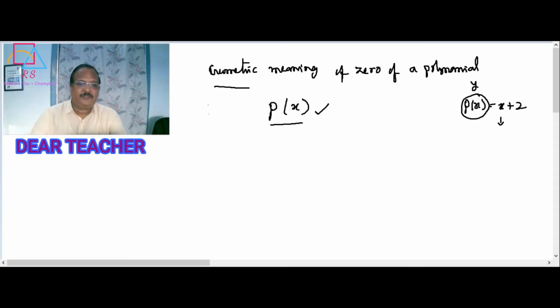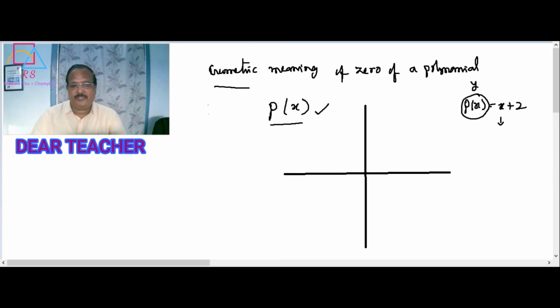So that means you need to use a coordinate plane. Say, for example, I am drawing a coordinate plane. A coordinate plane consists of two coordinate axes. One is the x-axis, and the other, the vertical line, is known as the y-axis.